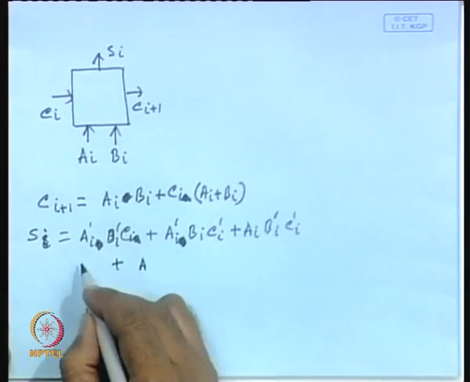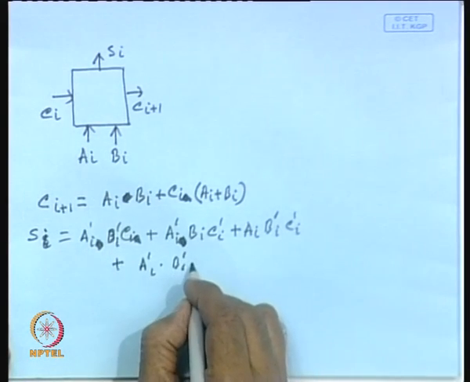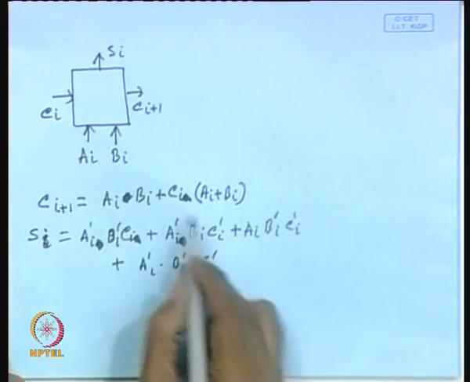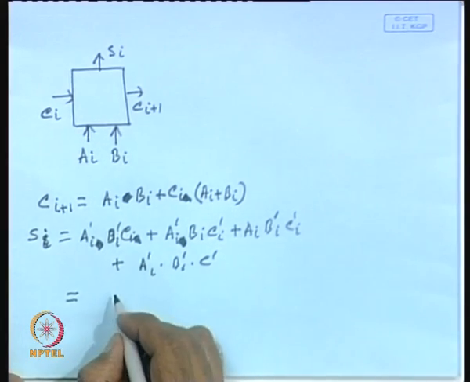That means, sum will be 1 whenever Ai bar dot Bi bar dot Ci bar, and this can be simplified to represent in this form.